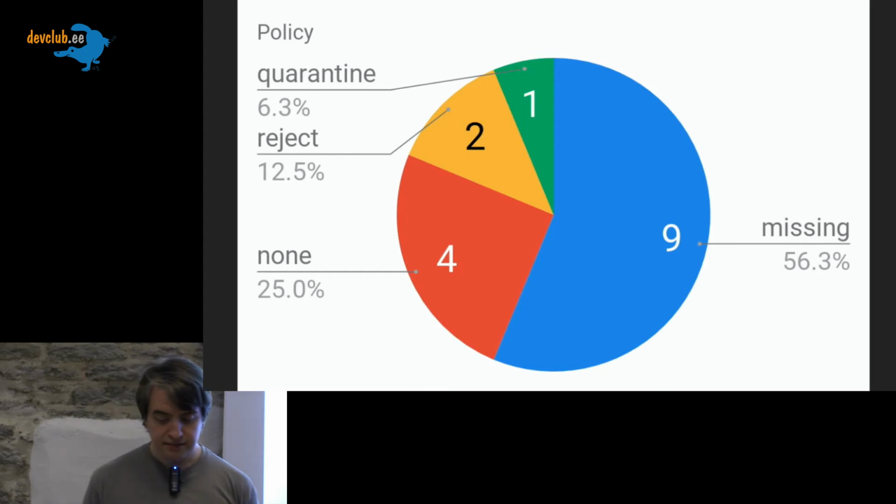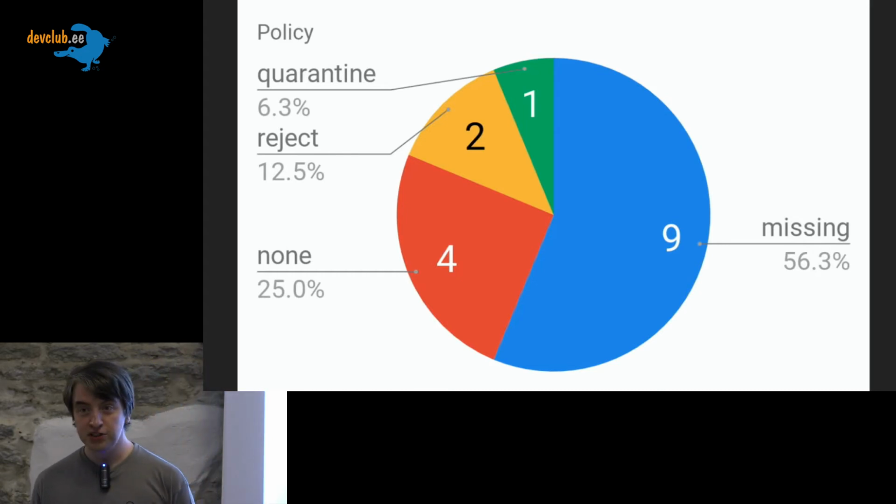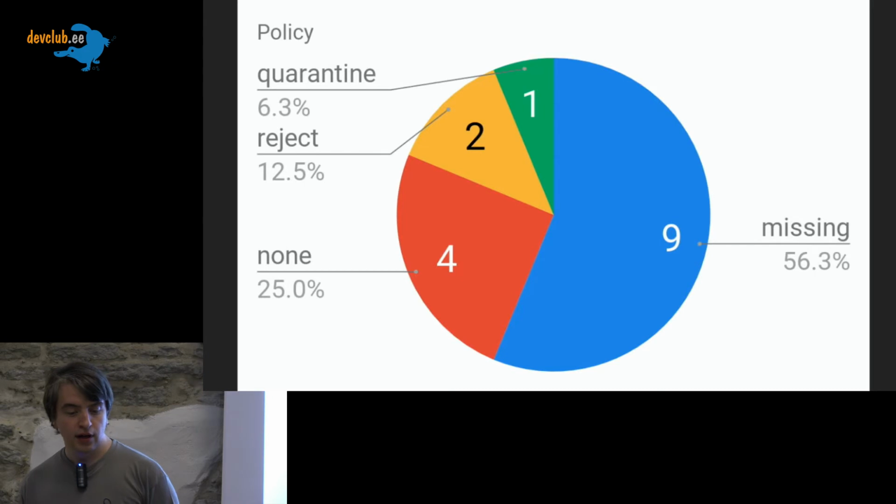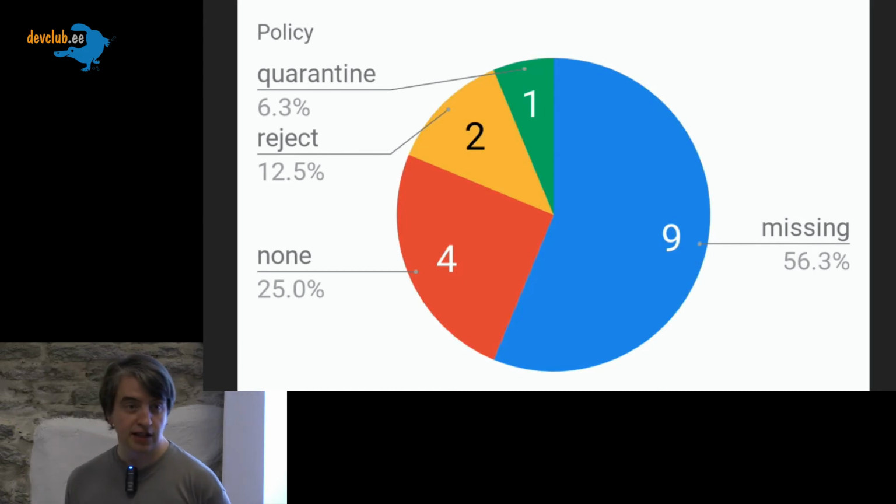And policy. For 9 domains, the policy was missing in the record. 4 domains said, okay, we want the reporting, but we don't care about emails. We just want to watch what's happening with our domain. 2 domains are brave. They said that if the signature is not valid, then destroy that email right away.